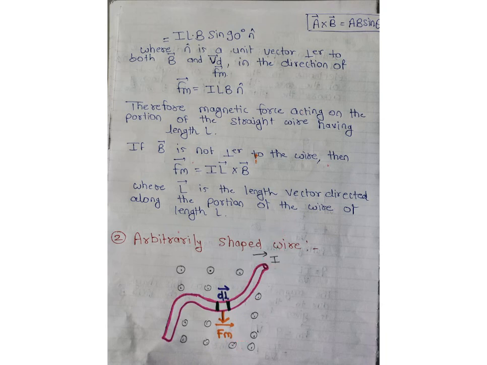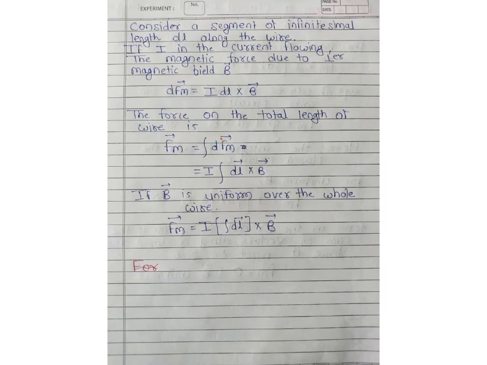So consider a segment of small length dl along the wire, and I is the current flowing. The magnetic force due to the perpendicular magnetic field is dFm is equal to I dl cross magnetic field B.